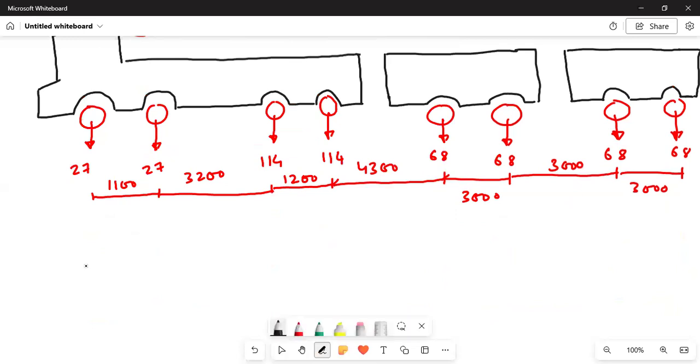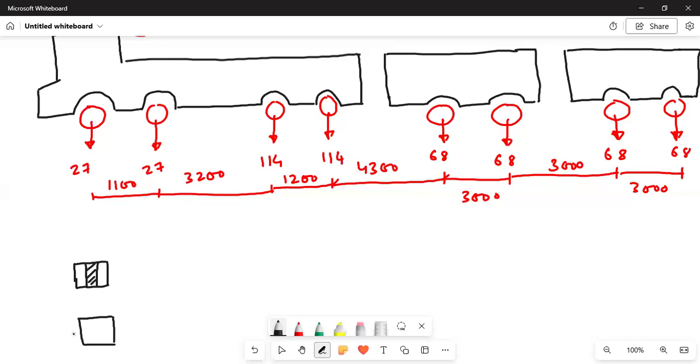If you see the plan, you will be able to see two tires, two wheels, I'm talking about, and this is the contact distance with the surface. This is one wheel. This is another wheel.